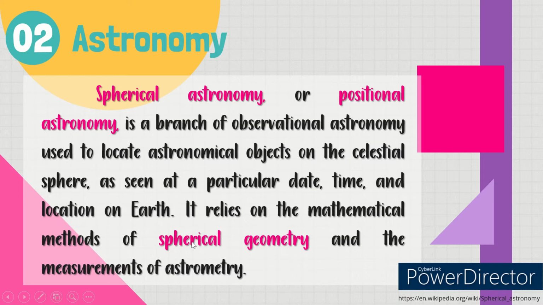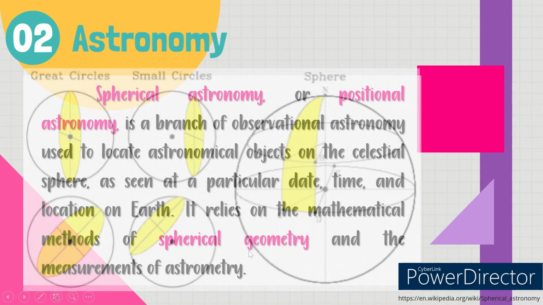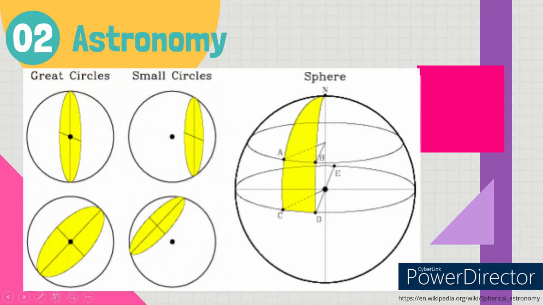Spherical geometry is the study of geometric objects located on the surface of a sphere, like this in the picture.